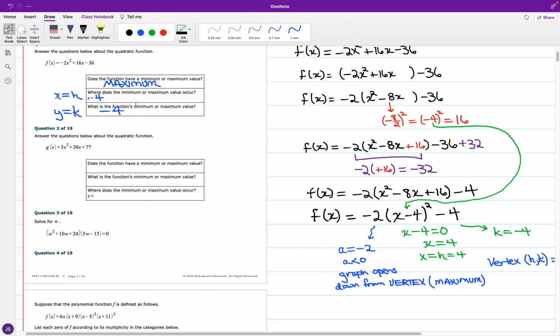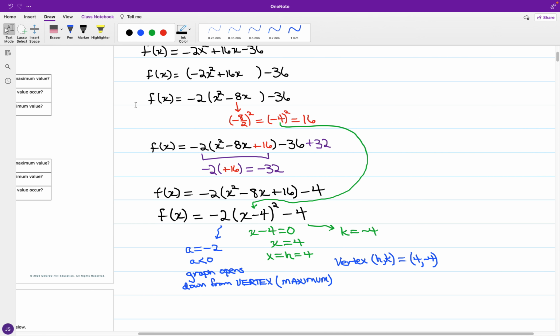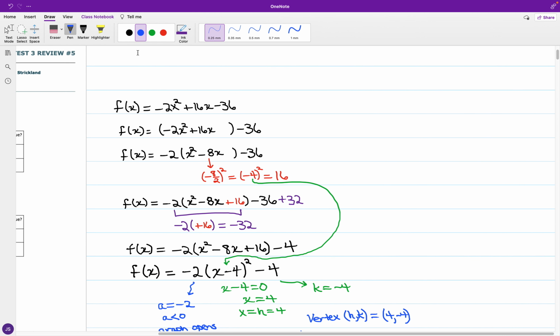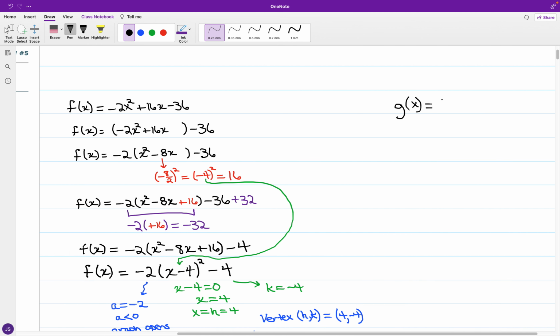All right, now through almost the same line of questioning, we have our next function, also one that is quadratic, and we have g of x equals 3x squared plus 30x plus 77. And just like with f of x, we're looking at going from standard to vertex form.